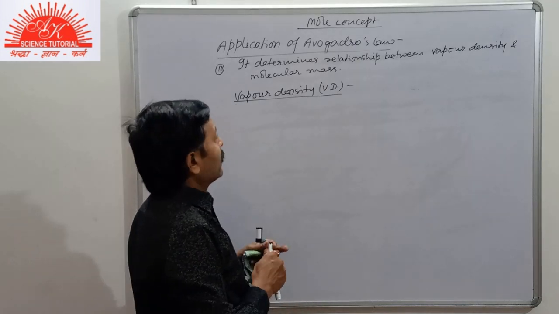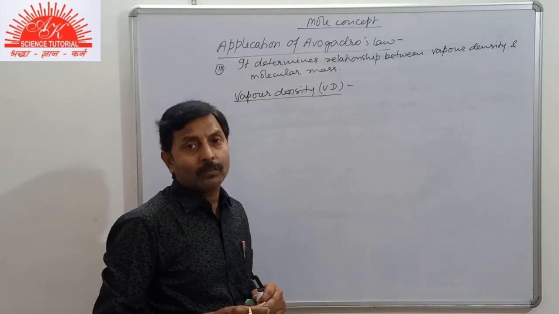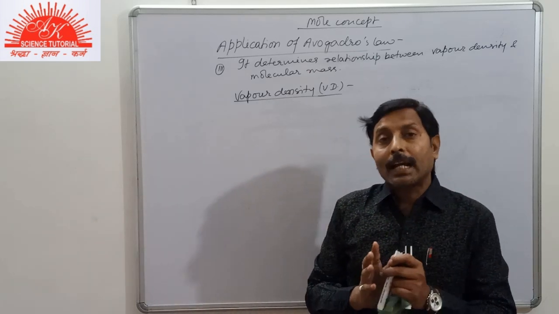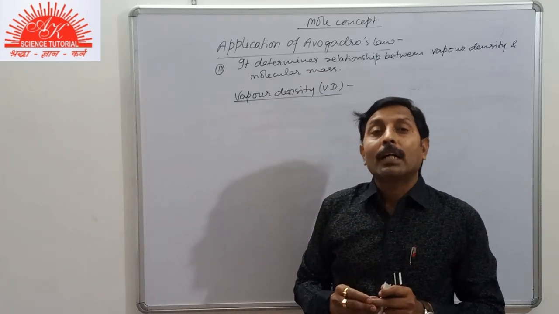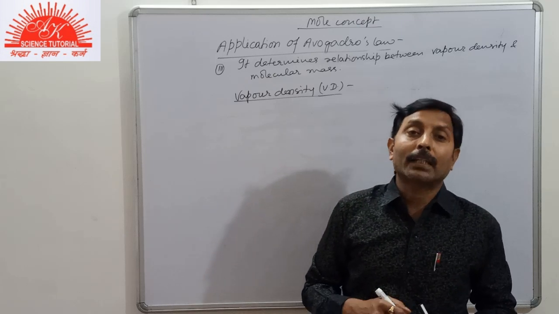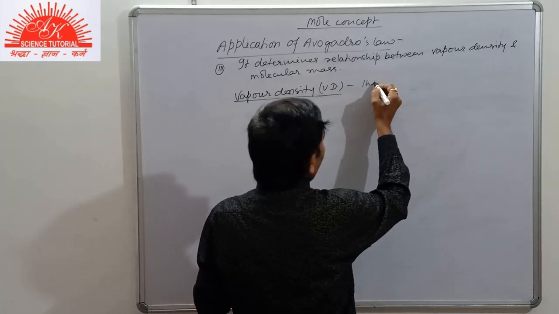Now vapor density, actually it is the ratio of density of a gas or vapor to the density of hydrogen at the same temperature and pressure. So first of all, write its definition.